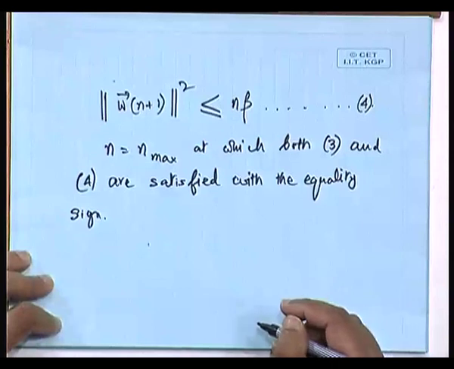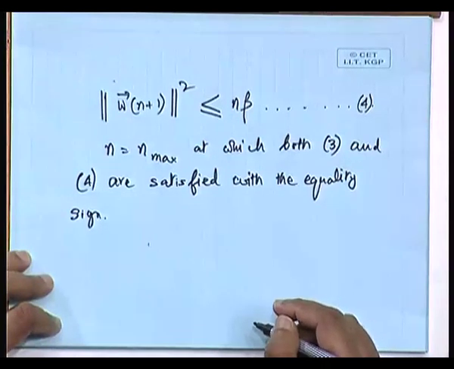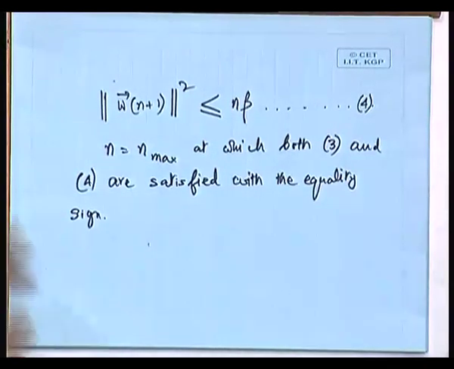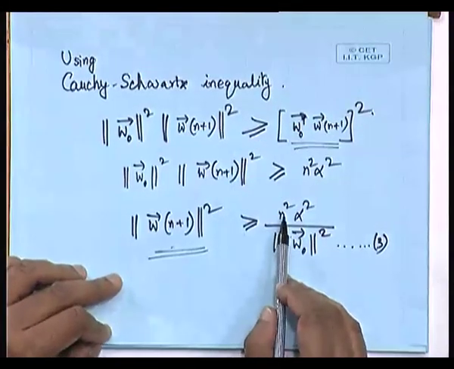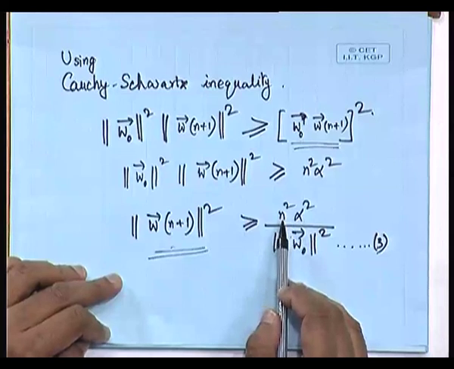So n max is the solution of what? Let us have a look at this again. We must put n max in place of n over here.